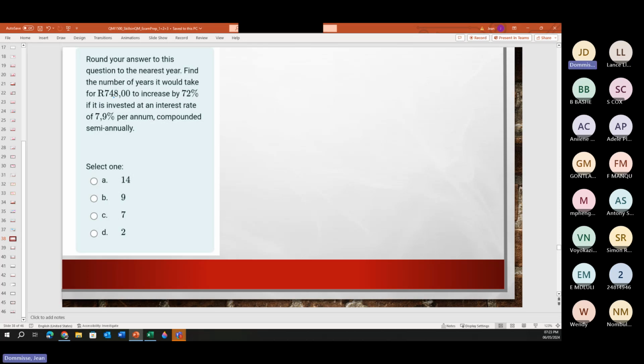Okay, so if it increases by 72%, how much will that new value be? 748 must increase by 72%.